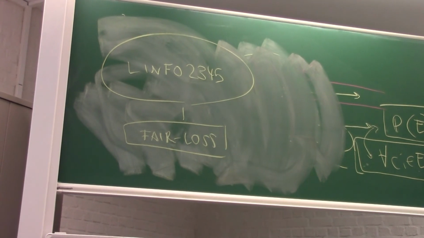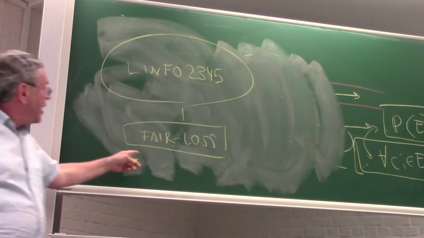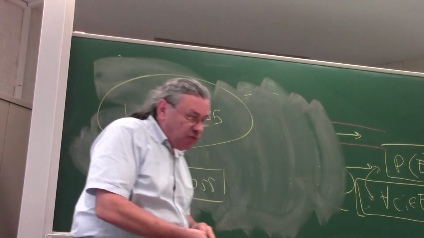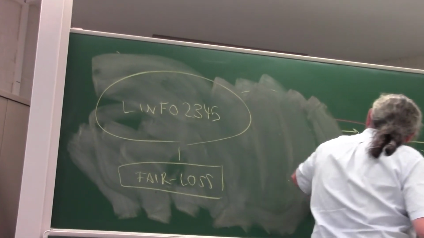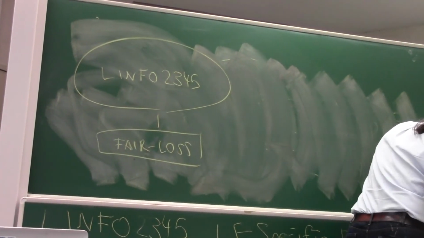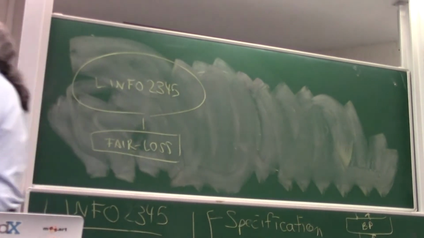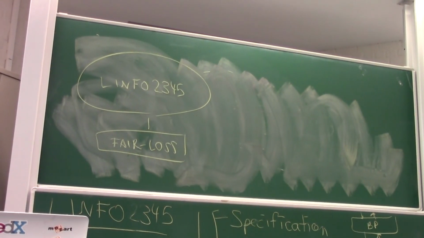And what I want to show you today is some code. I want to show you how to implement perfect links, which never lose messages, by using only fair loss links. This is the only one we really assume. But today I want to show you the code for perfect links, which delivers any message sent exactly once. And I will show you a system with 3 layers.